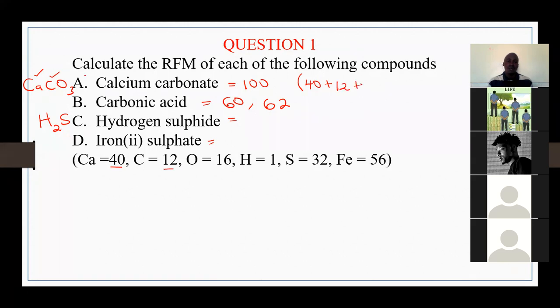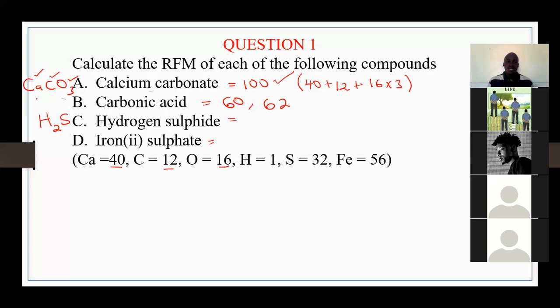Then plus oxygen, we have 3 atoms. Oxygen is 16, but there are 3 atoms. 16 times 3 is 48. 48 plus 12 is 60. 60 plus 40 is 100. So calcium carbonate, RFM is 100.